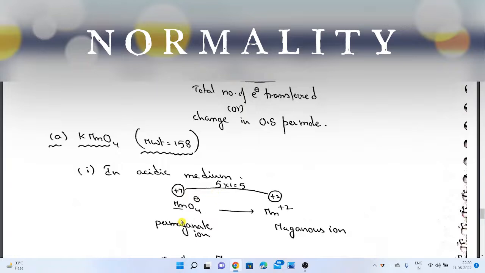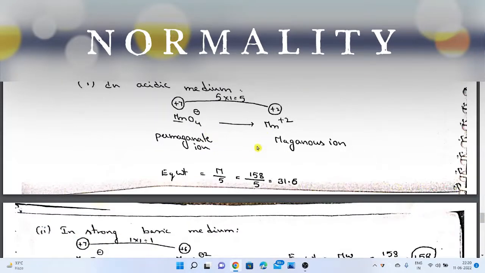For oxidizing and reducing agents, this is a very important part as far as gram equivalent weight is concerned. Gram equivalent weight is equal to gram molecular weight divided by the total number of electrons transferred or change in oxidation state per mole. KMnO4, potassium permanganate, has a molecular weight of 158. In acid medium, the MnO4- ion changes into Mn2+.